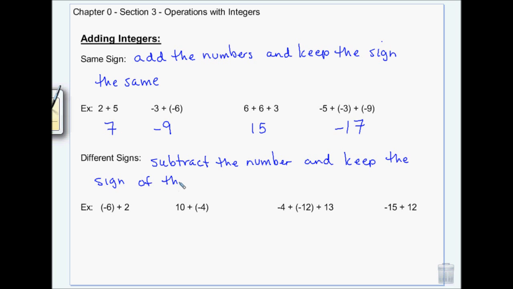And I make that distinction because positive numbers are always greater than negative numbers, but 6 is bigger than 2, even though it's a -6. Does that make sense? Okay. So I have a 6 and a 2, one's positive, one's negative, so I'm going to subtract. I get a 4, and then the 6 was negative, so so's the 4. So I borrowed $6 from you, I paid you back $2. I still owe you $4.